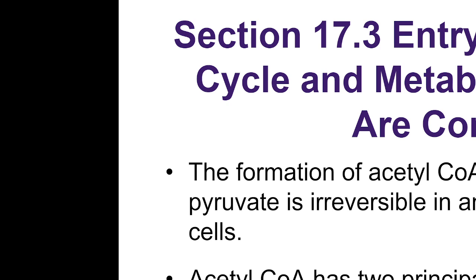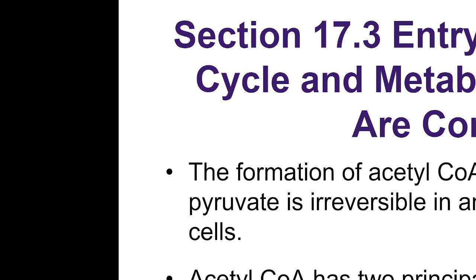I can't say you can't go backwards, because theoretically you could, but the likelihood of you having a high enough concentration of CO2 in your cell to go backwards any significant amount is very, very, very low. It's probably never going to go backwards.